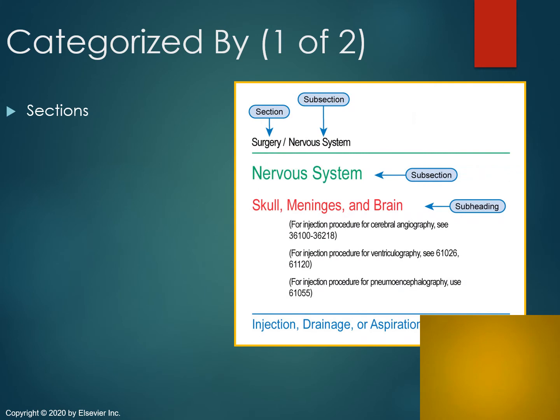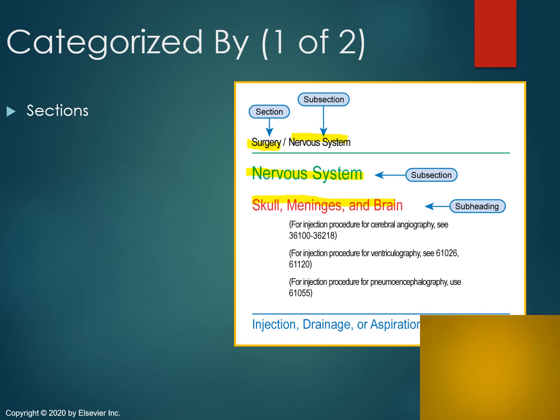Each section has a category. Look right over here, for example. Surgery is a section. It's one of the 6 sections of the CPT book. A subsection is the nervous system. A subheading in the nervous system, which is in the surgery section, is skull, meninges, and brain.